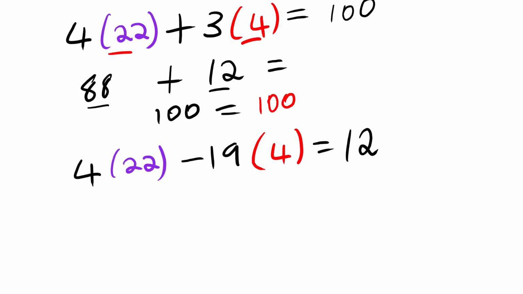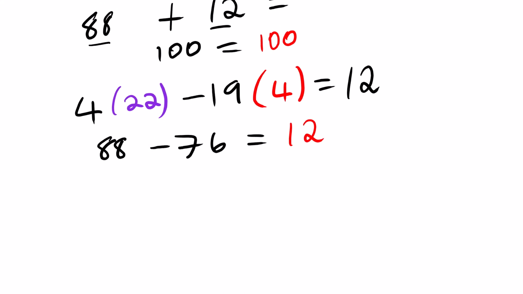Now simplifying the brackets, 4 multiplied by 22 is 88, negative 19 multiplied by 4 is negative 76, and then the answer should equal 12. 88 minus 76 is indeed 12. So you can see that our solution is also correct, and it also produces the right hand side number when you're using the second equation.